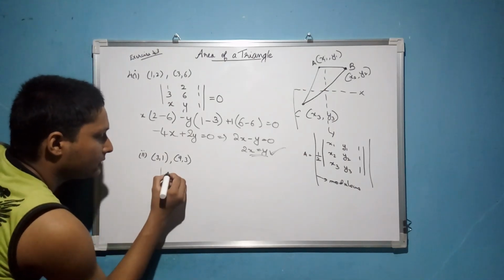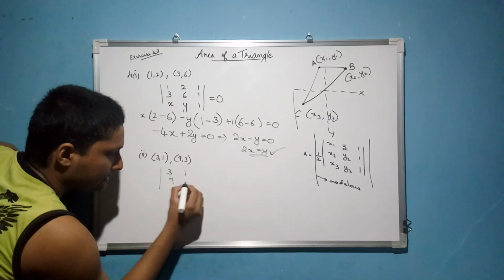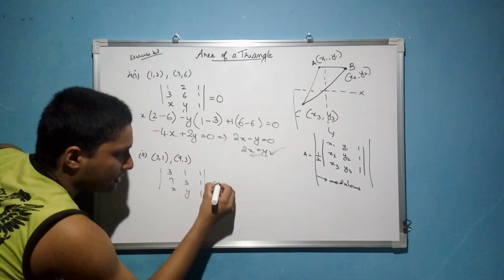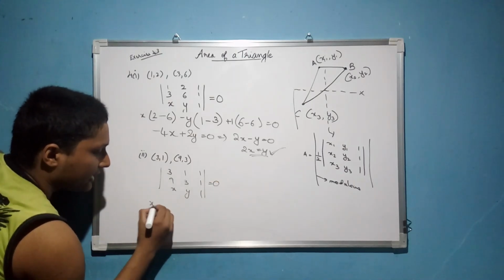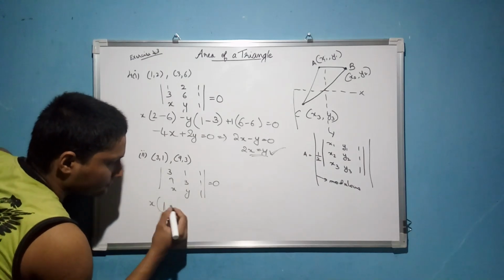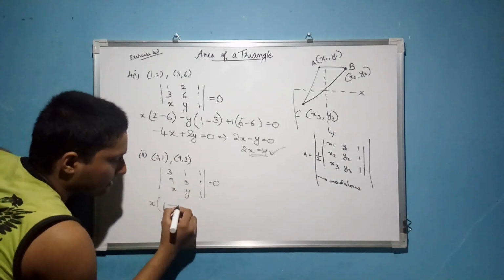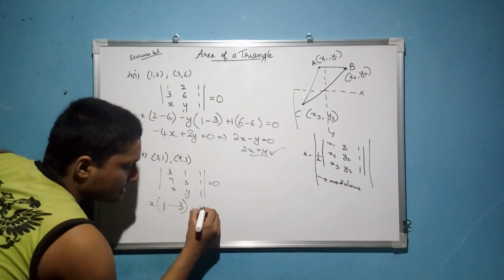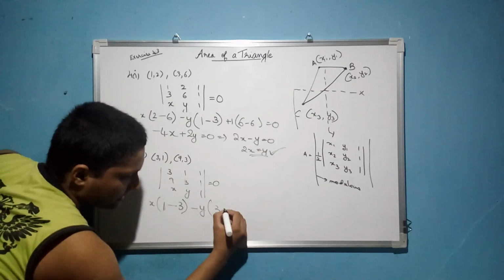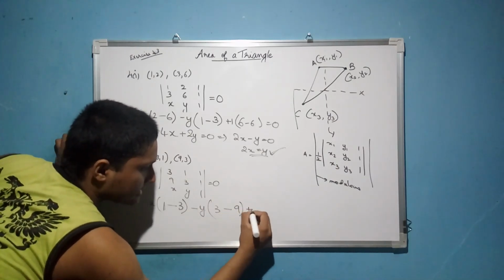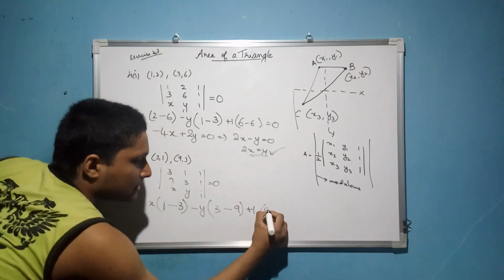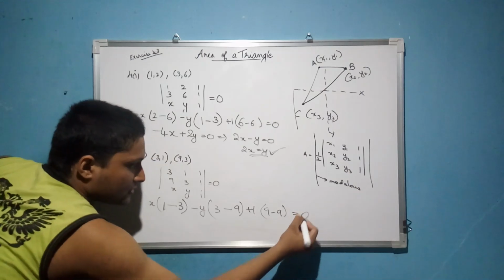So similarly we are going to do here 3, 1, 9, 3, taking one general point x, y and 1, 1, 1, equating it to 0. What we are going to get here is x into 1 minus 3, minus y into 3 minus 9, plus 1 into 3 is 9, 9 minus 9, equate it to 0.